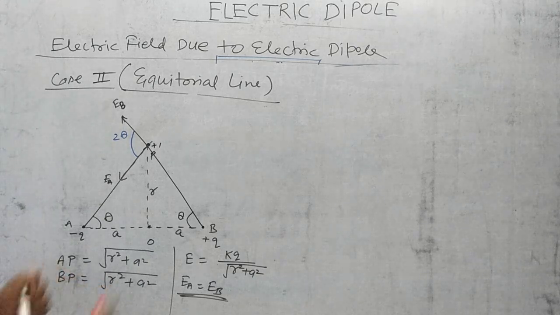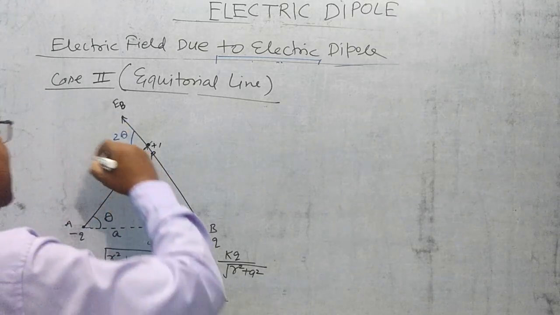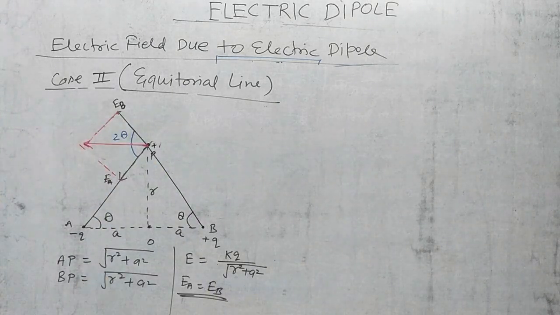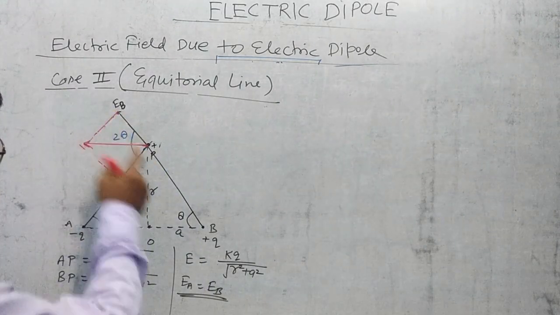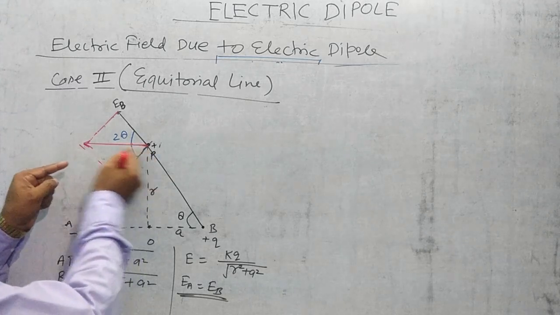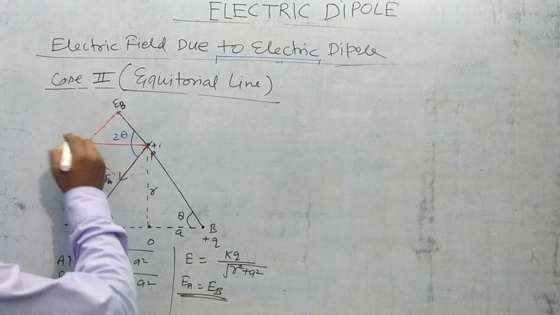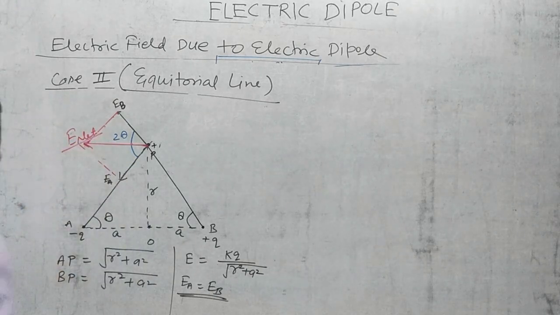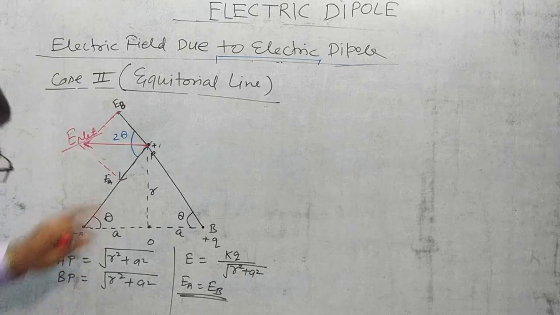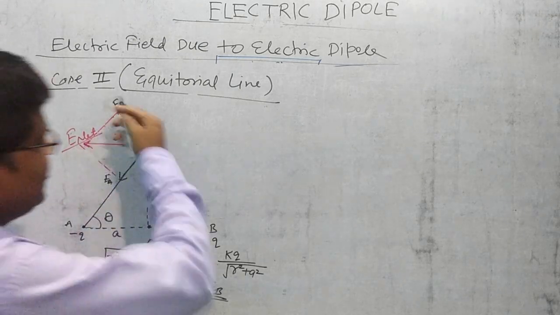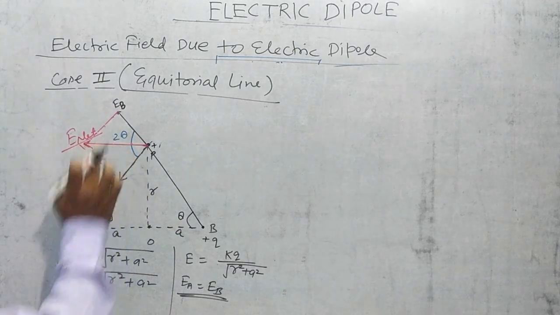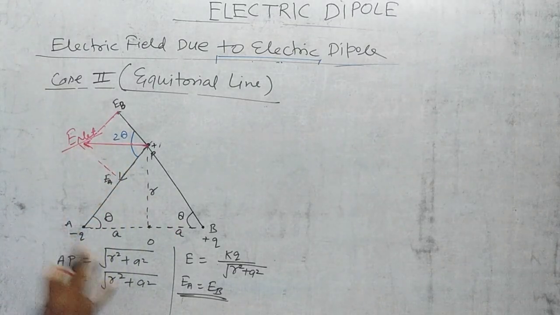And the resultant is just like Coulomb law, draw. Then electric field this and this, this is the net electric field, the resultant of EA and EB. This is the theta and theta, this one is 2 theta.